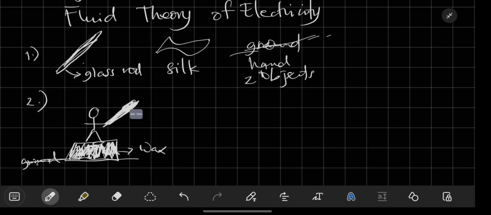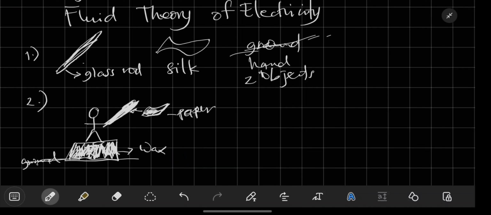And then, after that, he found out that the glass rod attracted a paper. So, meron siyang ginamit dito na another object which is called paper o yung papel na na-attract ng glass rod. This paper was attracted to the glass rod.